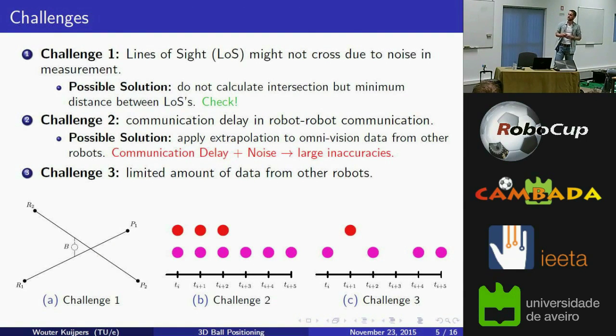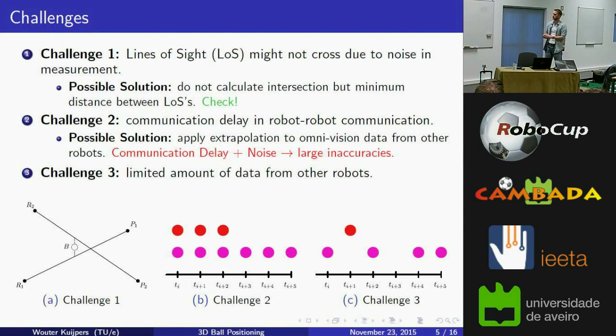The first challenge is, for example, that due to noise or inaccuracy, the lines of sight of the robots do not actually cross. Well, this was already solved in a previous research. We're not looking for the actual cross point.